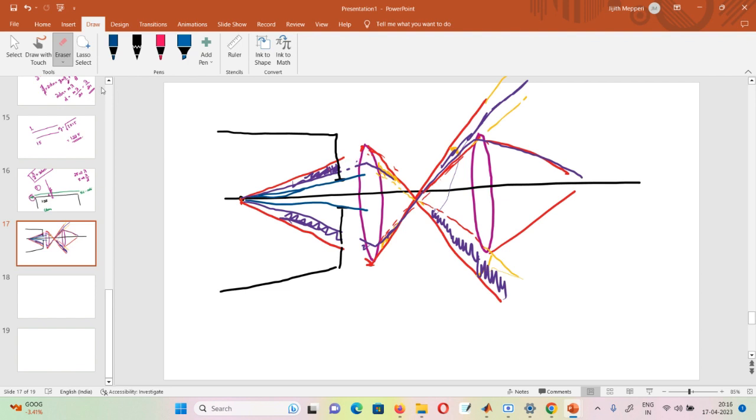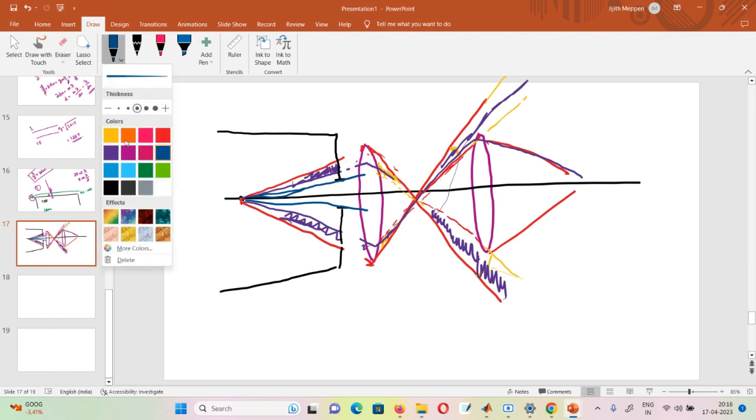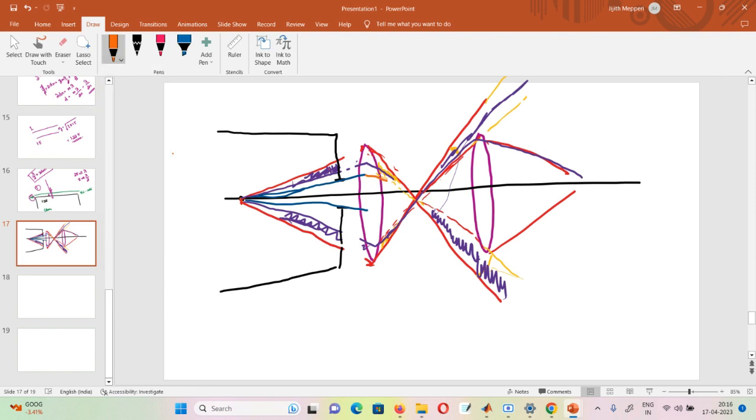So only the light which passes through the system will be this one. Now you can see that even though that big lens is not at all required, because there is no light here.